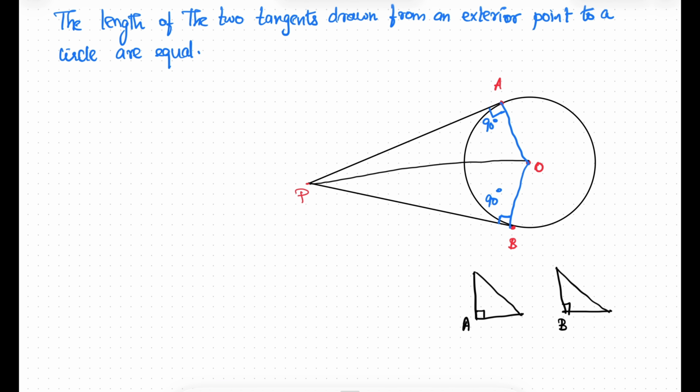Alright, so angle PAO is equal to angle PBO is equal to 90 degrees. The reason is that the radius is perpendicular to its tangent.